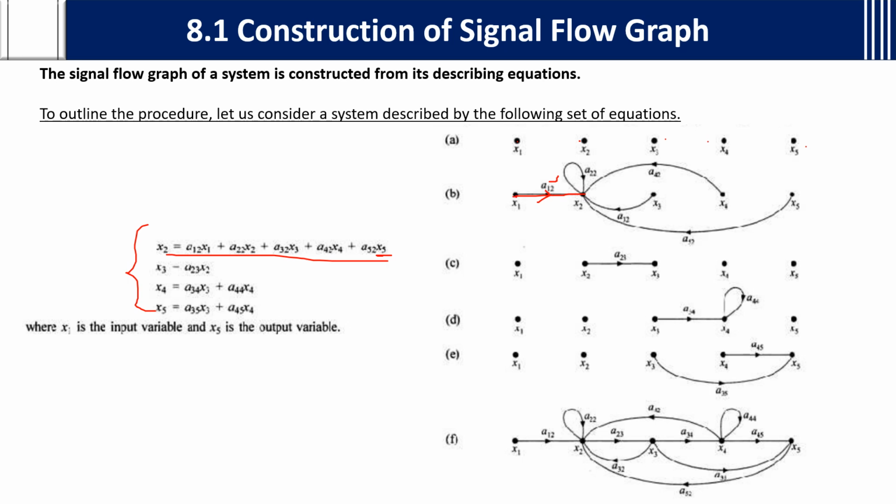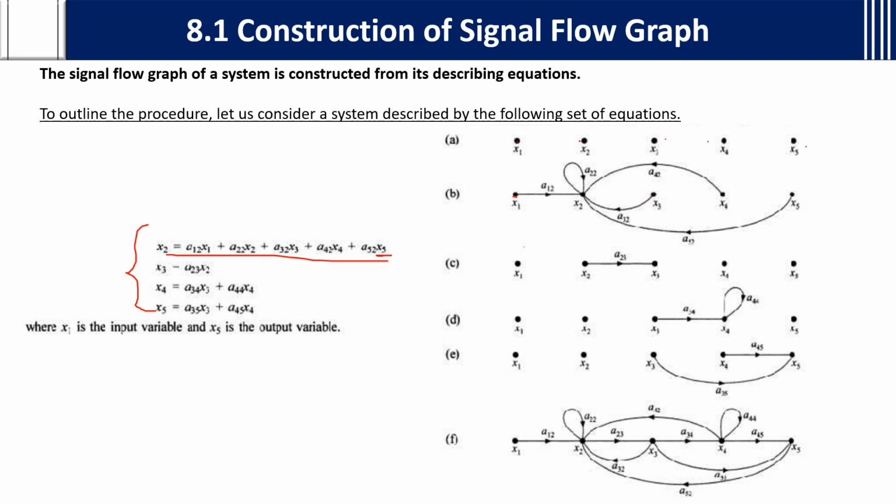A self loop, a22. Then a32 x3. Understanding? a32 x3. Why? Because a32 is not in the forward direction, it is backward. So from 3 to 2 it is going. So you will mention it in the opposite direction as a feedback.